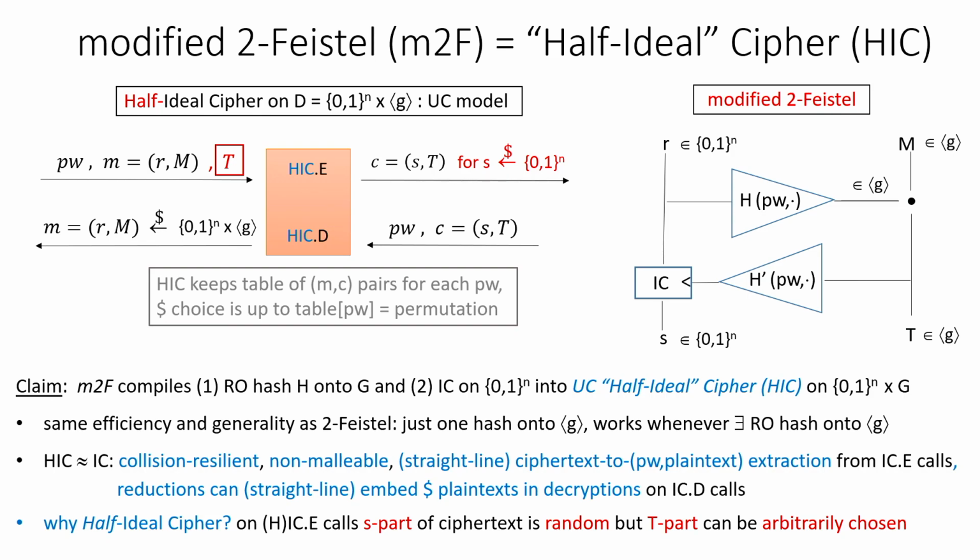And it has the same non-malleable, straight-line ciphertext-to-plaintext extraction, commitment, and the reduction can embed random challenges into decryptions. So it has all these nice properties of IC, except for this one that I don't see an application for which that would be an issue.